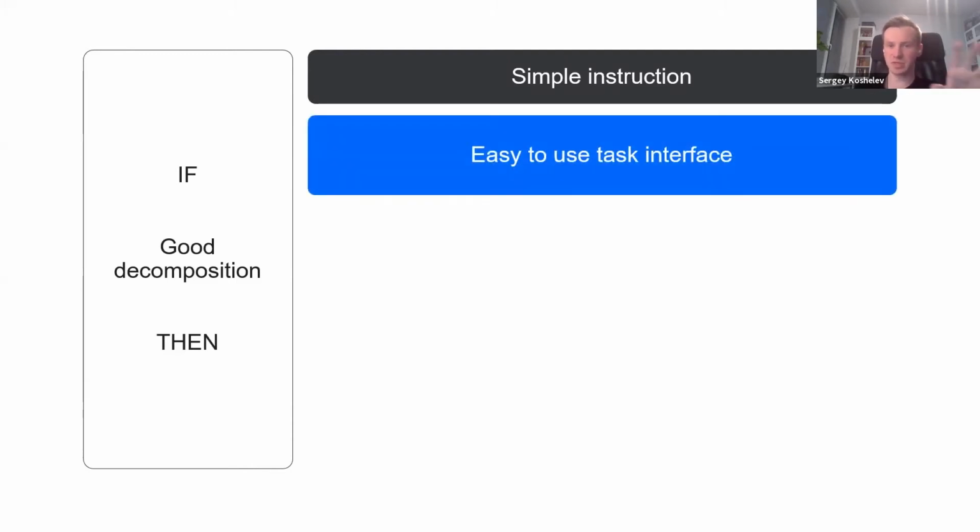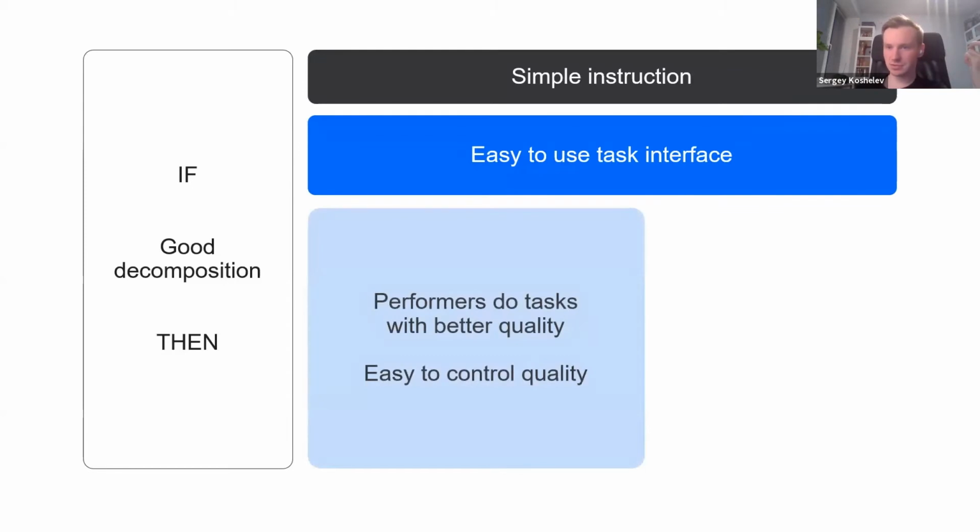So you need a simple clear-cut instruction, and it should be reflected in your task interface. So you can apply the decomposition approach at this step as well, because you don't want your interface to contain some unnecessary vague elements. You want your interface to have only those choices that are crucial to completing your task. And if you followed these ideas, then you get performers who complete tasks with better quality because the interface is clear and simple.